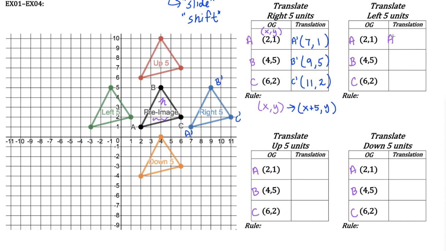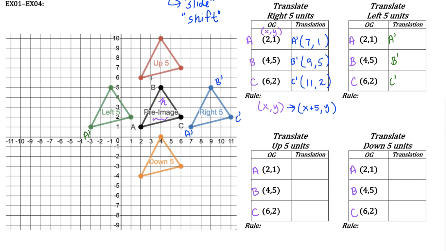So let's write this A prime, B prime, C prime. We're using green on this one. So we went left 5 units. So we went 1, 2, 3, 4, 5.